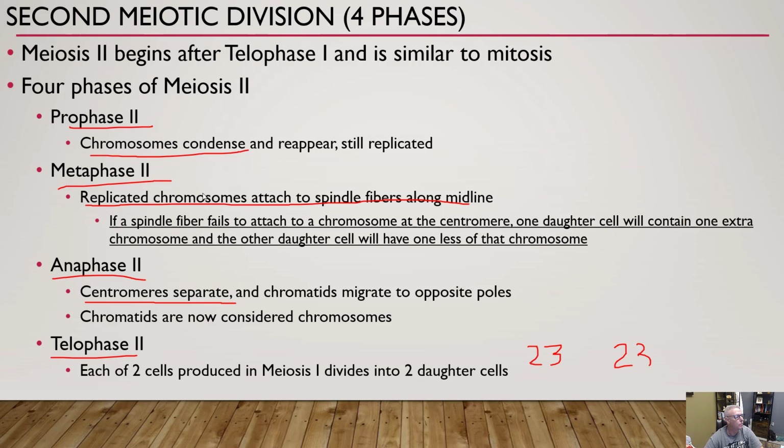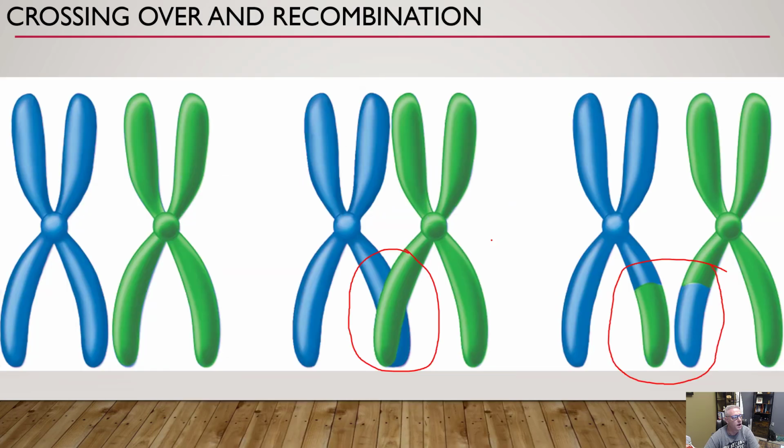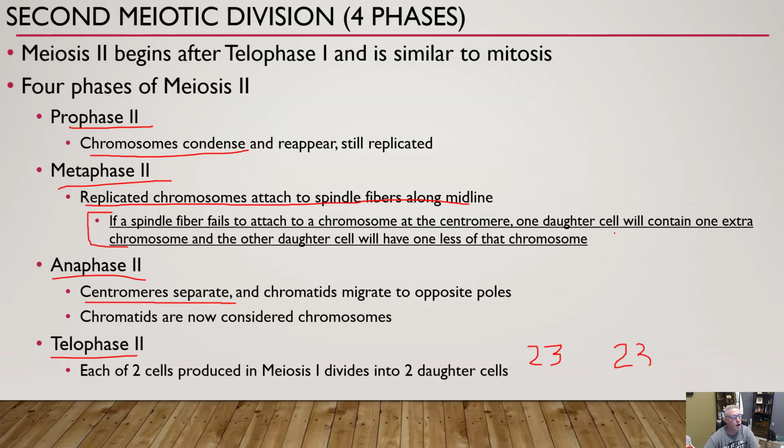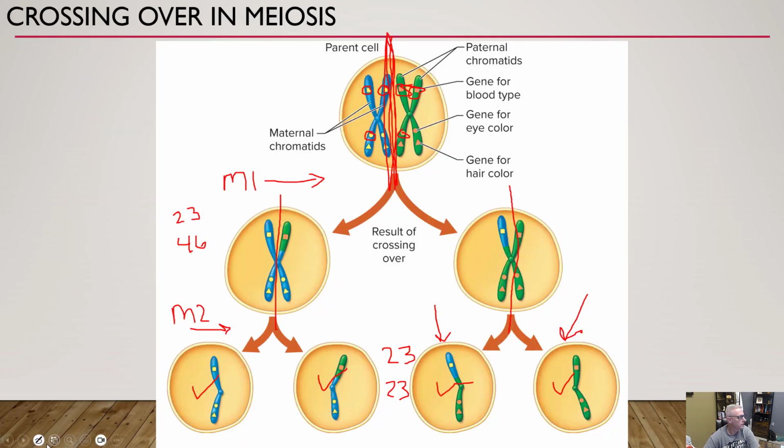chromatids. Now, one interesting thing is if a spindle fiber fails to attach to a chromosome at the centromere, one of the daughter cells would contain extra chromosomes, and one of the daughter cells would contain fewer chromosomes. Remember, a daughter cell is one of these cells. So here, let me just get rid of some of my pen markings.